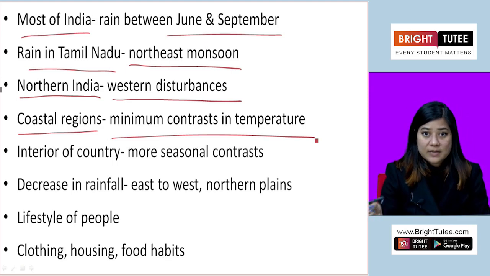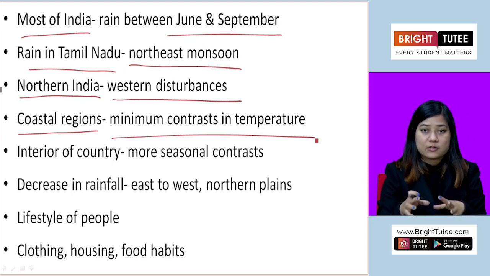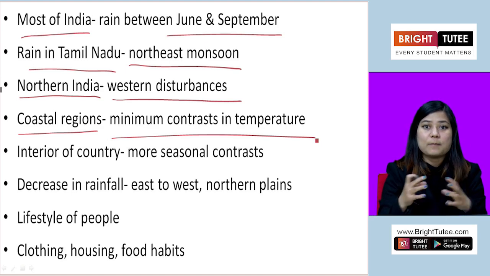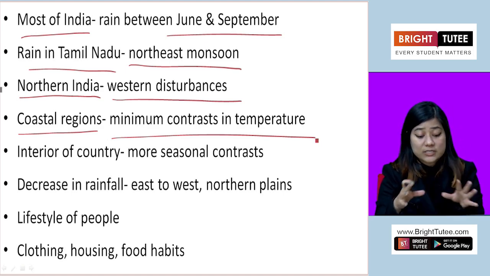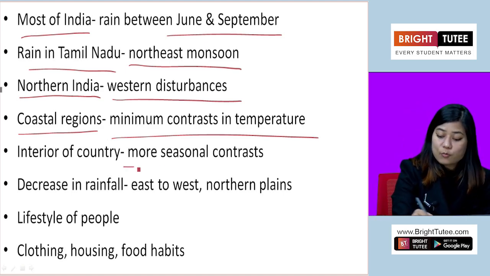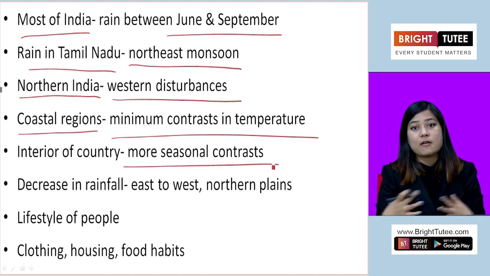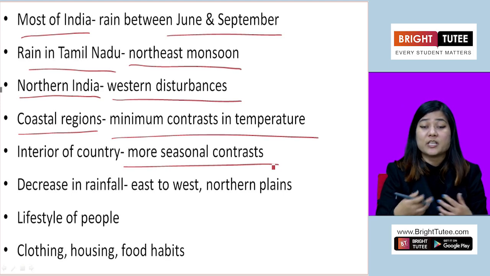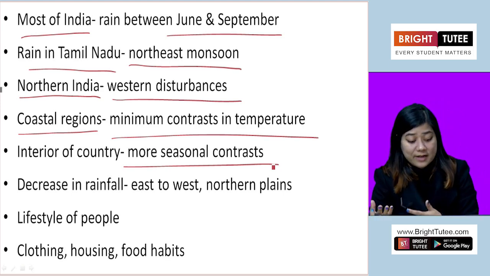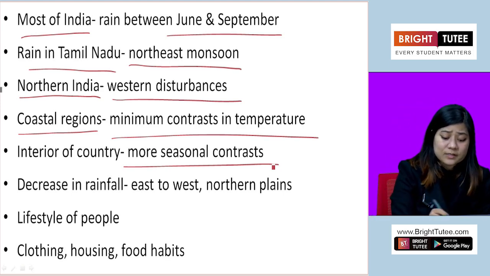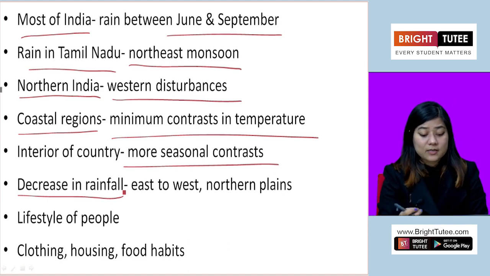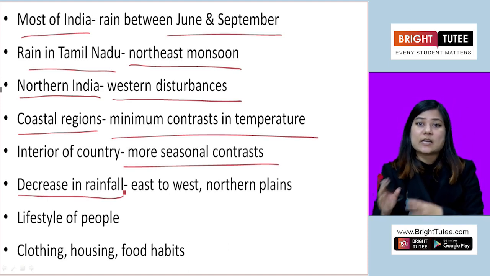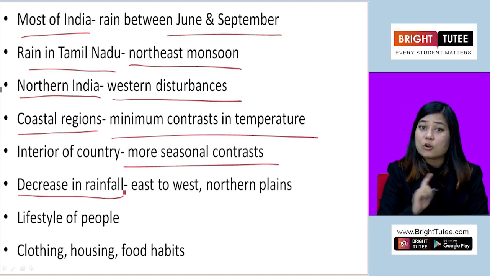But if you come inside the mainland, towards the plateau, towards the Deccan, towards the plains, then there are more seasonal contrasts, the climatic condition varies, the temperature varies, the precipitation varies.